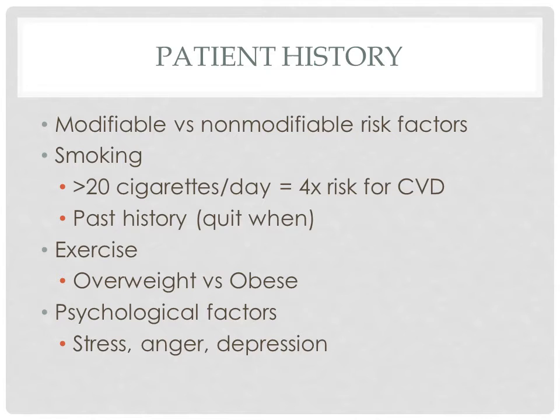If they're stressed all the time, if they're angry, or if they have a history of depression, that may impact these things. As far as your modifiable risk factors, those are habits that include smoking, drinking, drug use, diet, and exercise, versus your non-modifiable, which are your age, gender, ethnicity, family history, and medical history.